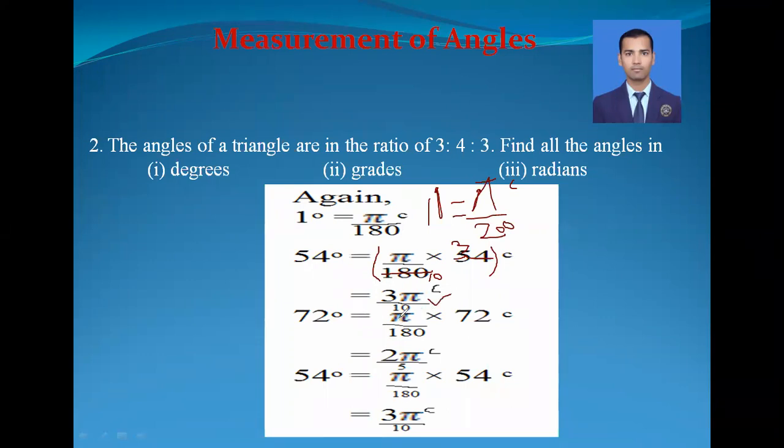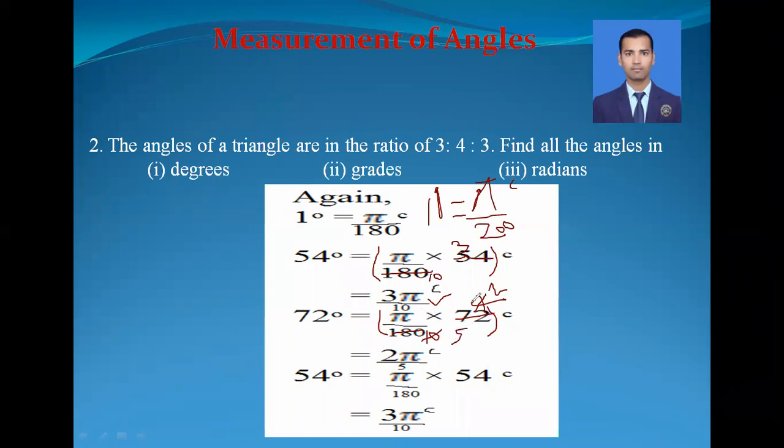Whereas 72 degree is equal to pi by 180 into 72 radian. Again, after dividing them, 18 10s are 180, 18 4s are 72. Again, they have a common factor, 2: 2 2s are 4 and 2 5s are 10.